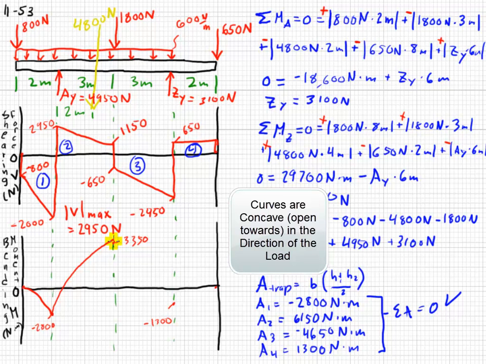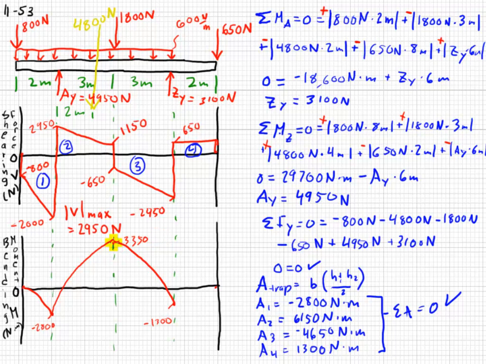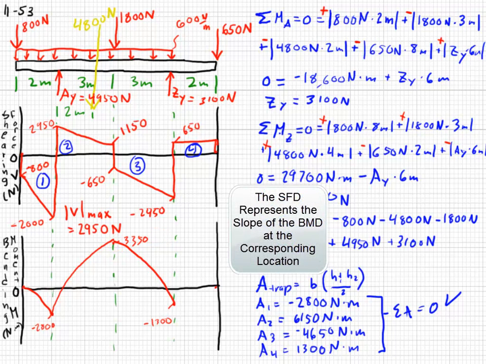Now note that this changes abruptly, so this doesn't come to 0. It comes to 1150, stops, and then switches to negative 650. Goes from negative 650 to negative 2450. So that's the slope of this line right here.